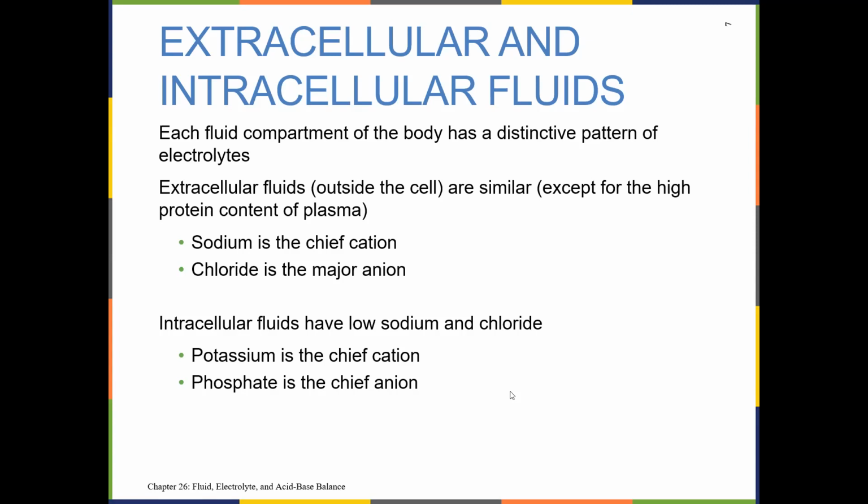It is the primary cation, positively charged ion, everywhere outside the cells. Chlorine is the major anion, and that's as far as chlorine gets any respect. Chlorine is literally just watching. Within the cells, potassium is the #1 cation. So outside the cells, it's sodium. Inside the cells, it's potassium.